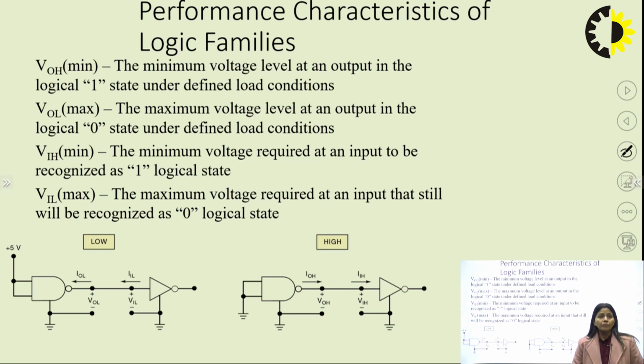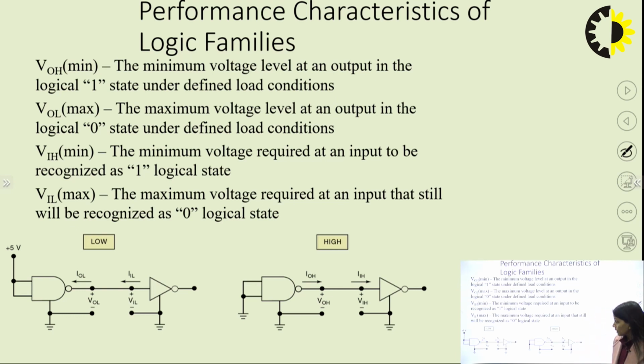So coming to the performance characteristics of logic families, I have to define some equations, some definitions, or some sort of explanation for the logic performance characteristics. Here the first parameter is VOH minimum. These parameters, VOH, VOL, VIH and VIL, are all discussed between two gates.